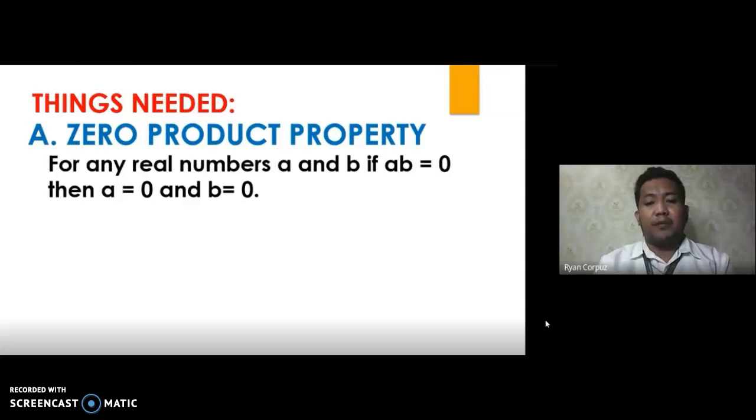It only means that if you have factors and it is equated to 0, you can equate both factors to 0 with the application of the zero product property. That's one thing that will help us solve the equation by factoring.